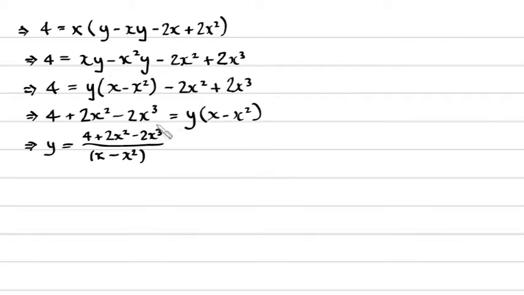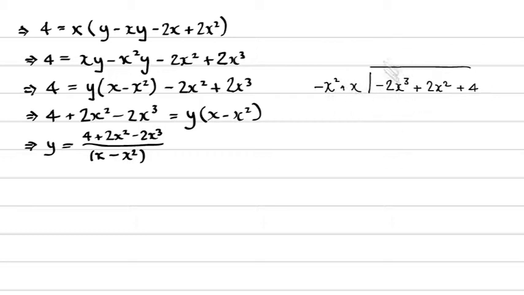Now in order to express this as partial fractions, we need to divide out the numerator by the denominator, and we need to do that by long division. So let's just sketch out the long division. We're going to divide negative 2X cubed plus 2X squared plus 4 by negative X squared plus X, just so that we've got the terms in descending powers of X there, both in the numerator and the denominator.